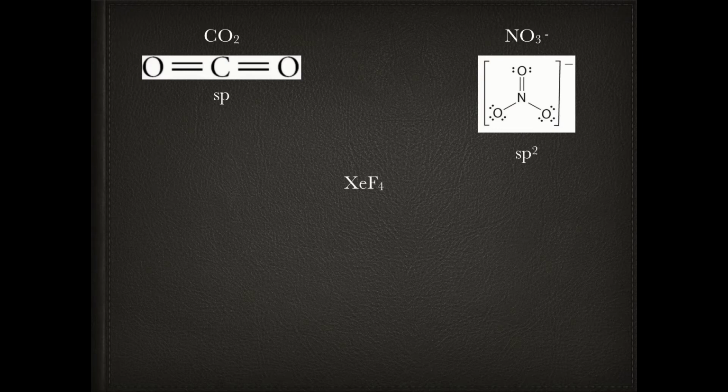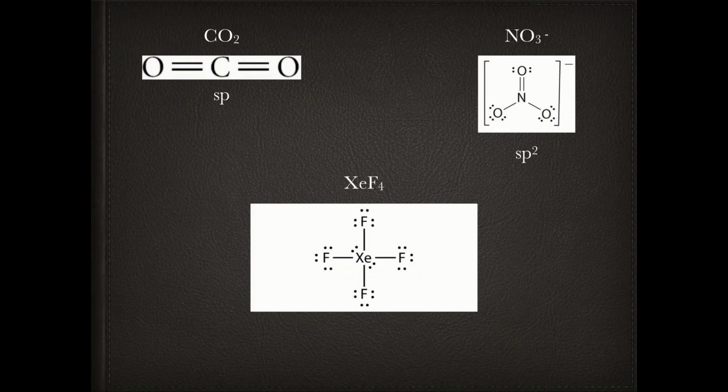Okay? For the last one, XeF4, when I draw this out, if you notice, this is going to be square planar. And I have, if I count the total number of electron domains, 1, 2, 3, 4 bonding domains and 2 non-bonding domains because I have 2 pairs of lone electrons, which means I have 6 electron domains.